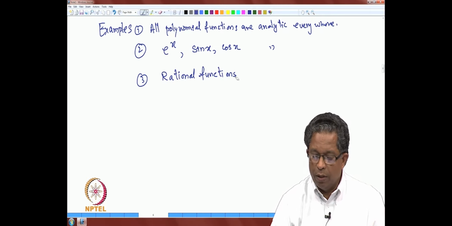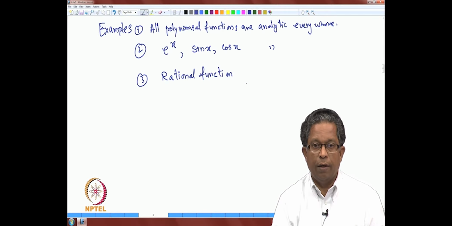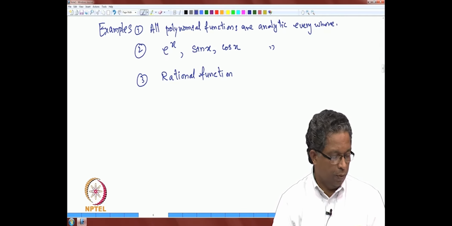So, rational functions are also analytic at all points except the points at which the denominator is 0.